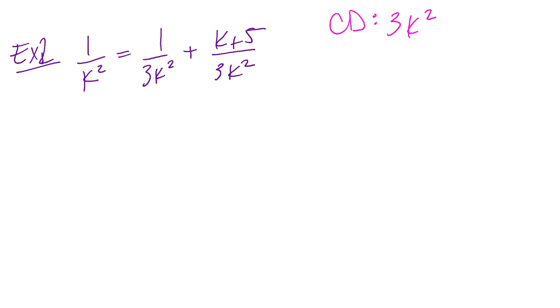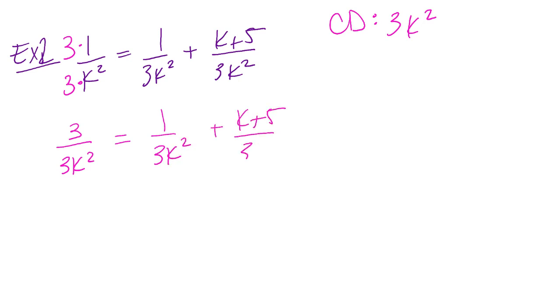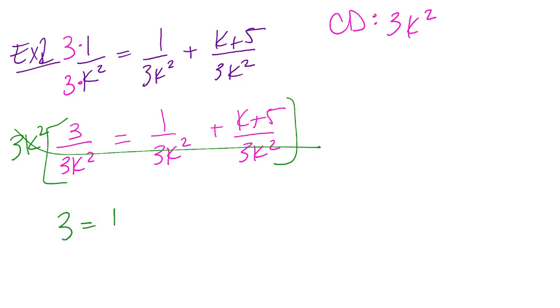The only thing that's missing any pieces is the very first fraction, so times by 3 on top and bottom. So 3 over 3k squared equals 1 over 3k squared plus k plus 5 over 3k squared. Times everything by 3k squared, and it gets rid of all the denominators. So 3 equals 1 plus k plus 5.